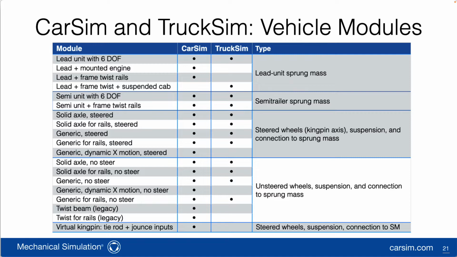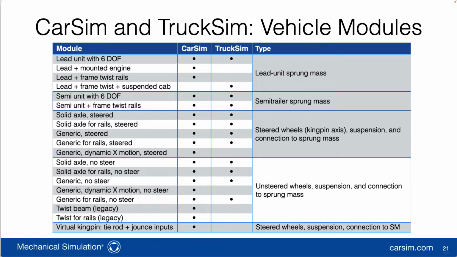This was done first in CarSim and TruckSim using the modules that are shown in the slide up here. We have multiple modules for sprung masses of lead units, semi-trailers, and suspensions that can be attached to lead units or semi-trailers. And then in the last 2 years ago, I think, we completed the same modularization for BikeSim.